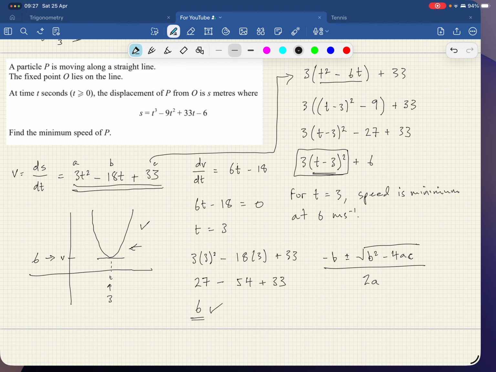So the important thing to bear in mind: find the velocity function. If you're going to do it by calculus, then differentiate the velocity function to find the gradient function of velocity. You want where the gradient is 0 here. Find your t, substitute it back in to find your v, your speed.